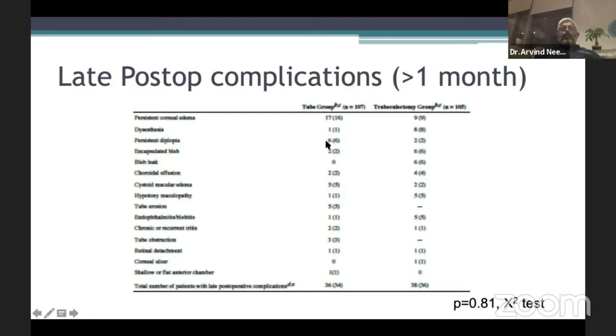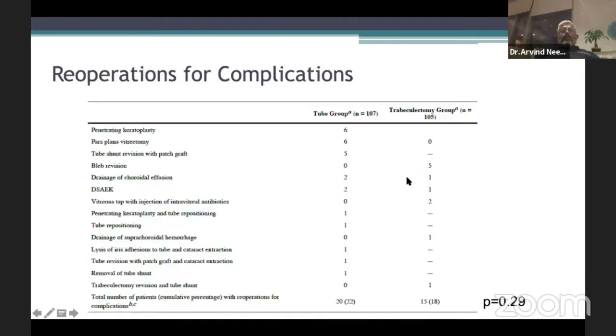One is diplopia in the tube group. Second is tube erosions in the tube group, and that's what you really have to watch out for. Whereas in the trabeculectomy group, it's mostly choroidal effusions and bleb leaks that trouble you in the long run. If you look at reoperations, again, pretty similar between the 2 groups, about 20 in the tube and 15 in the trabeculectomy group, not statistically significant.